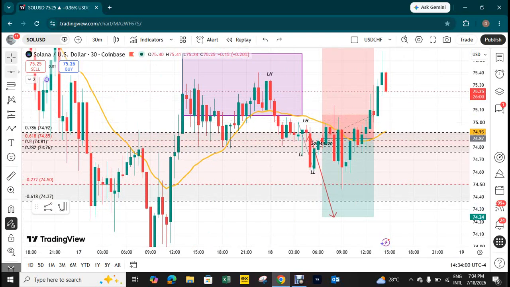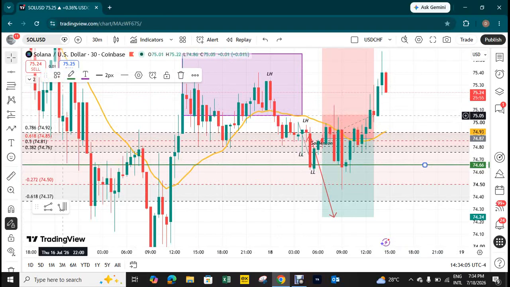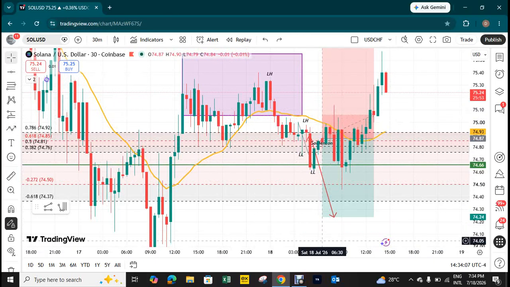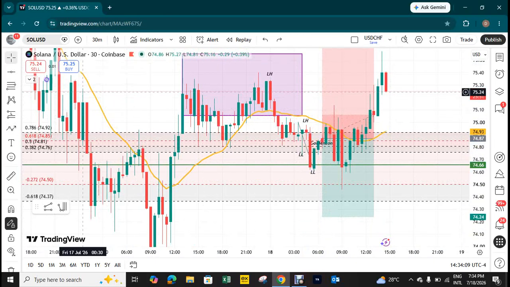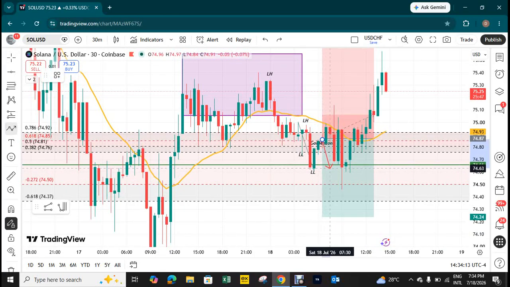Our TP1 area was half of this, which was around this area. Price went towards our TP1 area, hit it, and price also extended to hit our TP2 as well, but unfortunately we missed it. But it's not an issue because signals always come. We missed this one, more will come.